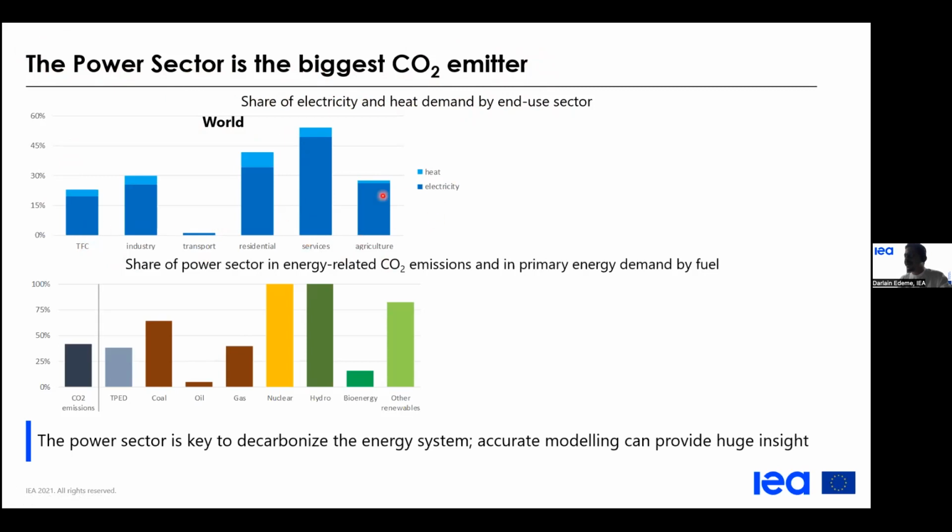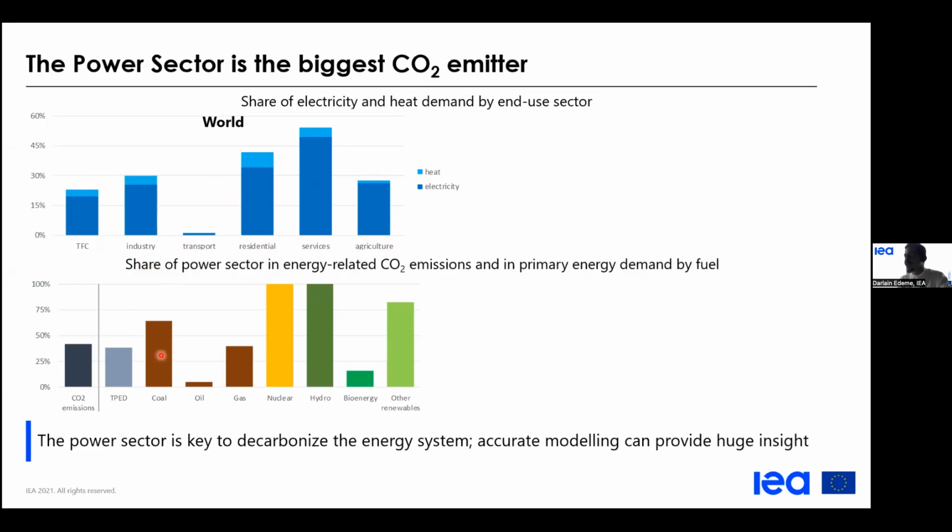In this chart, you can see the difference in terms of share of electricity and heat demand by end use sector. So you have the total final consumption, you have the industry, you have the transport, which, as you can see, is very small, because right now the electrification of the transport sector is at an early stage. We have residential, services, and agriculture.